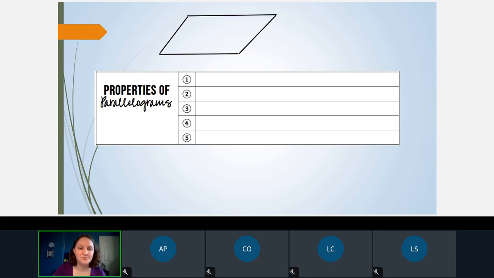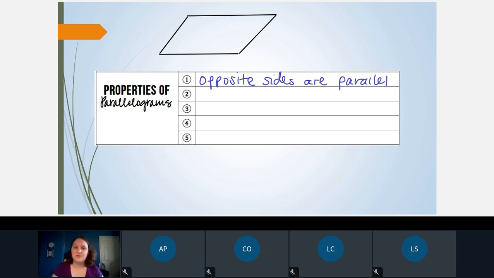The first property of a parallelogram is really how it gets its name. In a parallelogram, your opposite sides are parallel. That's how it got its name. So if you're drawing the picture, you will mark the opposite sides parallel. There they are.